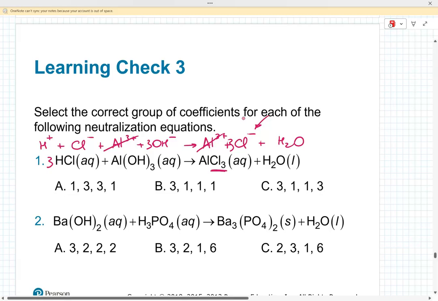Yes. 3 what? Where should I add 3? On the other side. In front of which product?